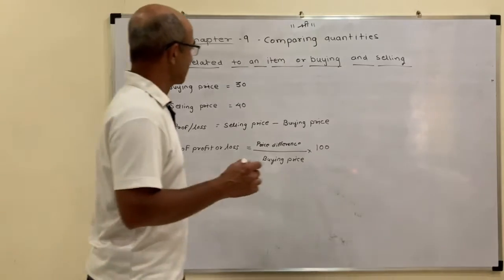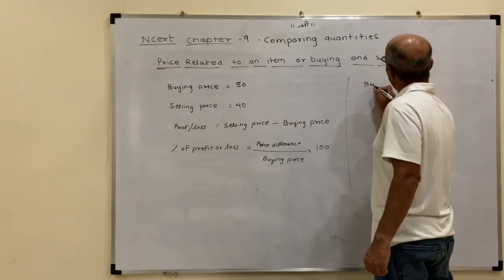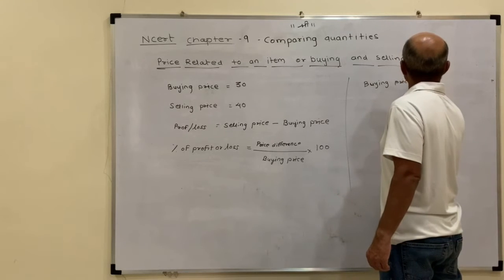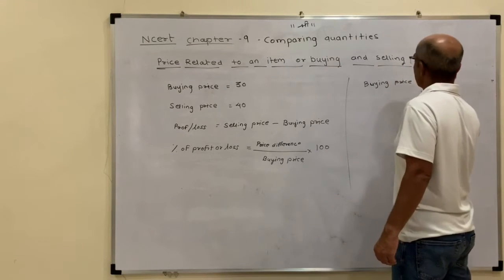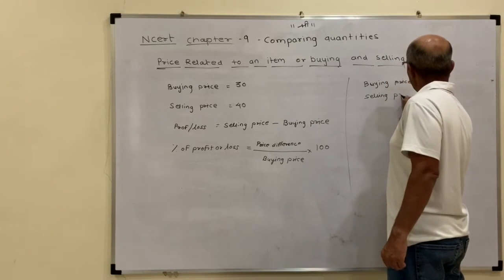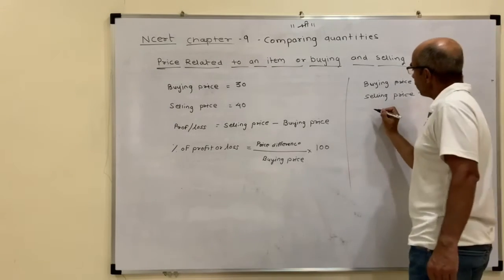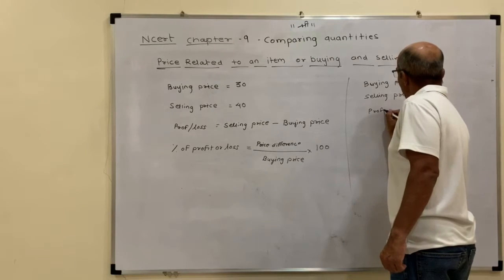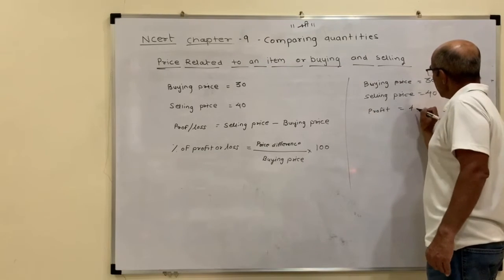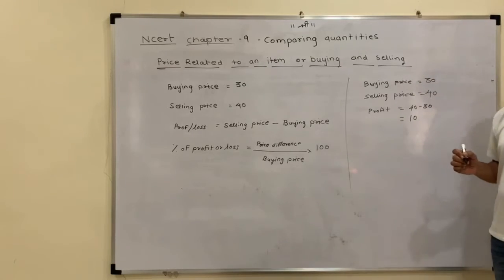Now let's consider this example. The buying price of this pen is 30 rupees. My selling price equals 40 rupees. So my profit or loss: since my selling price is more than the buying price, I have a profit. 40 minus 30 equals 10. Now what is the profit percent?